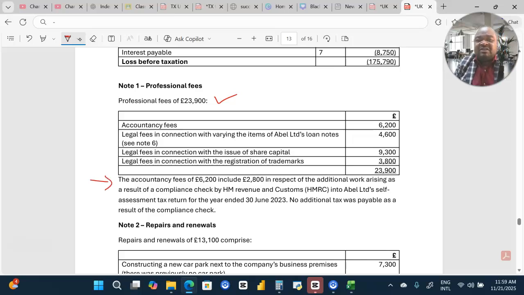The accountant fees of 6,200 include 2,800 in respect of the additional work arising as a result of a compliance check by HM Revenue and Customs into Avio Limited's self-assessment tax return for the year ended 3rd June 2023. No additional tax was payable as a result of the compliance check. So what has come into mind?